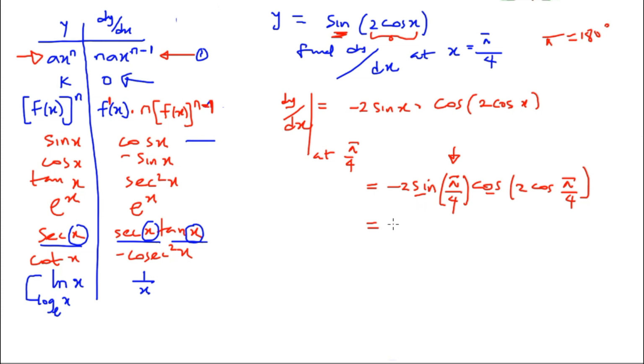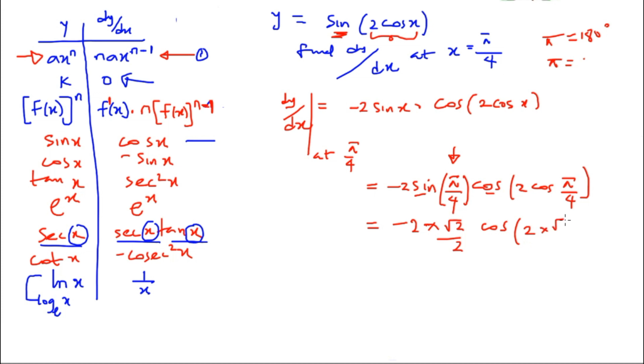If you do that correctly, the sine of pi over 4 should be equal to root 2 over 2, or you may just use your calculator in degree. If you don't know how to convert it, just make sure you change your pi to 180 degrees and it will be correct. So the cos of pi over 4 is equal to root 2 over 2 as well.